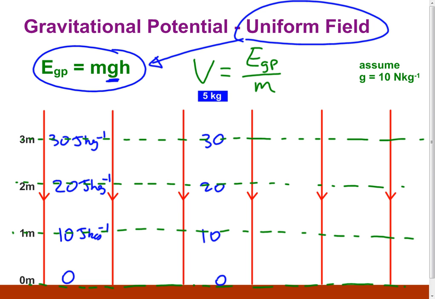The 30 joules per kilogram equipotential in the classroom is everywhere that is 3 metres above the floor. That is an entire plane of equipotential. The 0 equipotential is the entire floor of the classroom. So in a uniform field, the equipotentials are equally spaced planes.